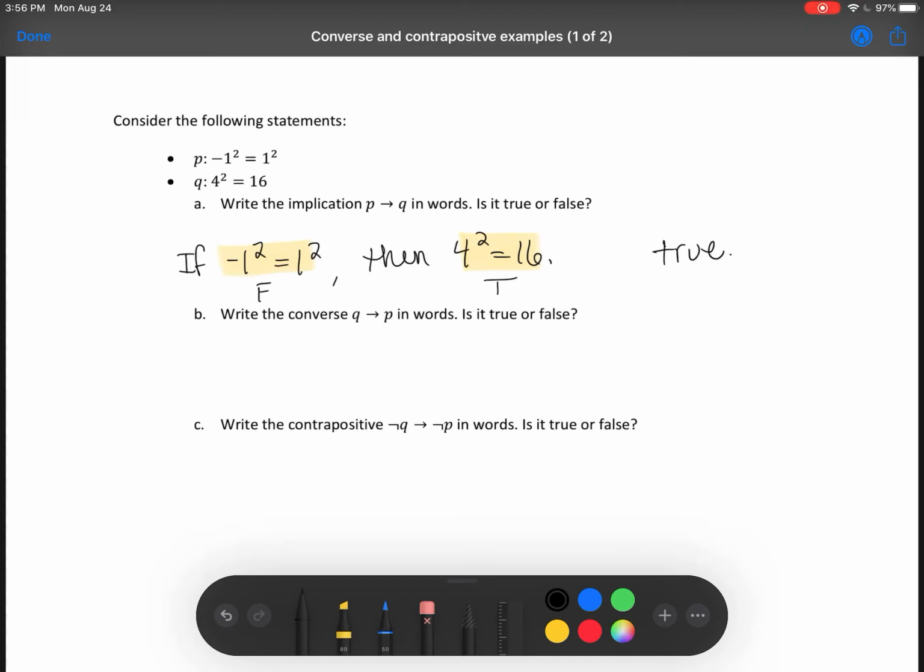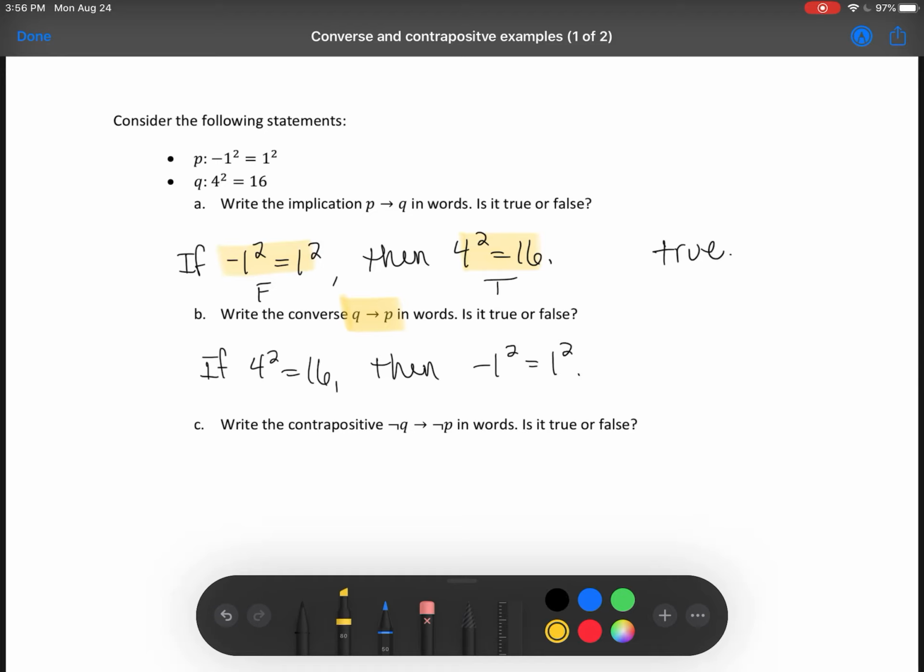So next, to write the converse, which is if Q then P, basically what we're going to do is switch the hypothesis and the conclusion here. So we would say, if 4 squared is equal to 16, then -1 squared is equal to 1 squared.